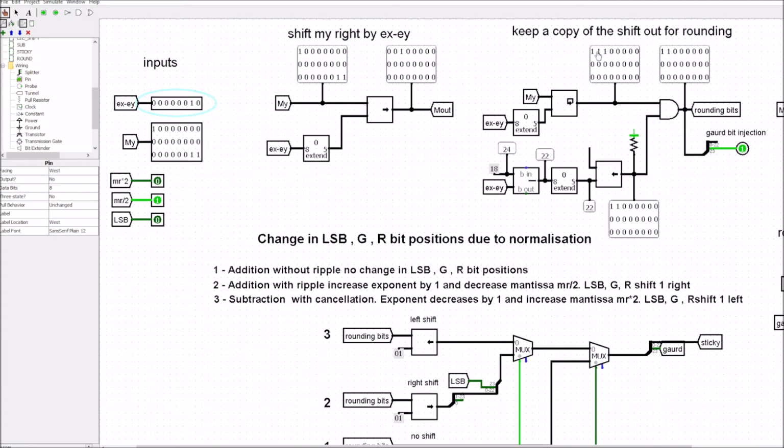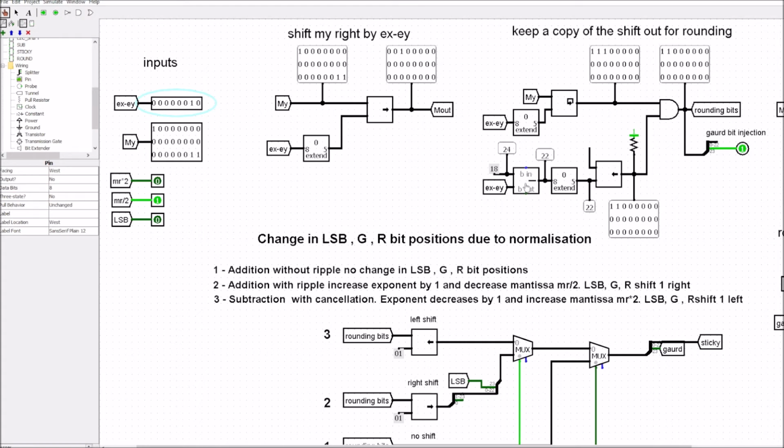Okay, so that is we want to make the remaining 22 bits all zeros. Now if the ex minus ey was for example 3, then we would want to make the remaining 21 bits all zeros. If it was 4, then we would want to make the remaining 20 bits all zeros.